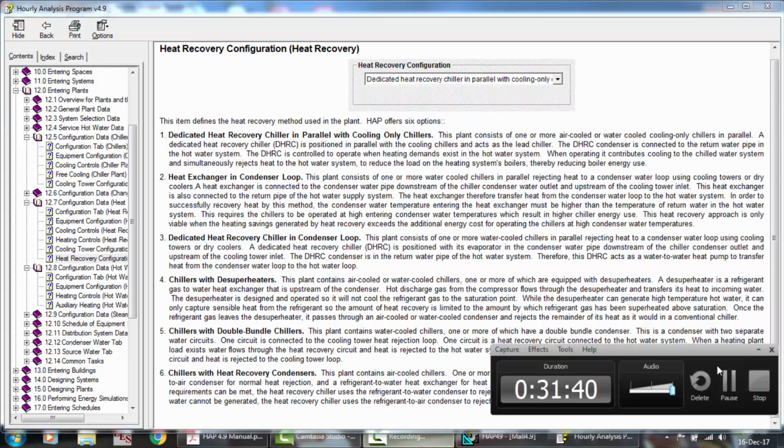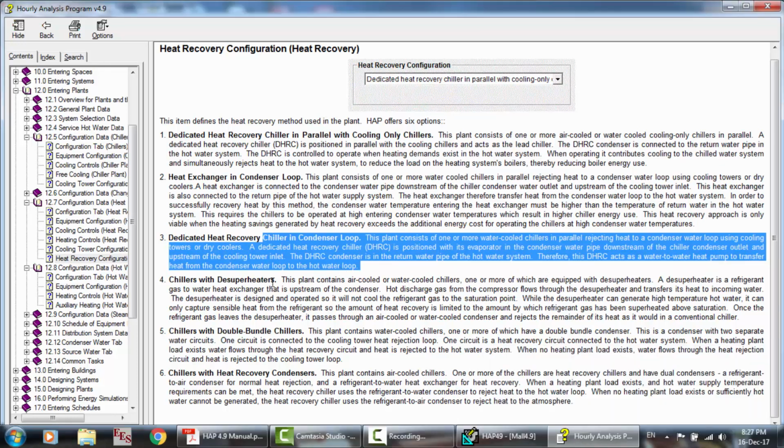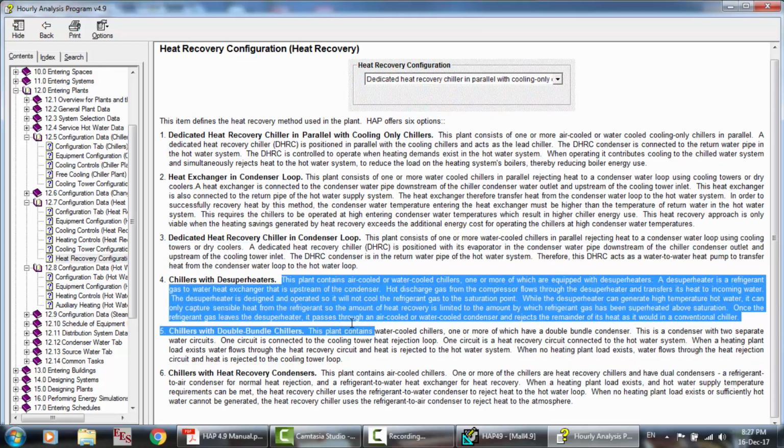Also, the chillers with superheaters: this plant contains air-cooled or water-cooled chillers, one or more, which are equipped with superheaters. This superheater is a refrigerant gas to water heat exchanger that is upstream of the condenser. The hot discharged gas from the compressor flows through the superheater and transfers its heat to incoming water.